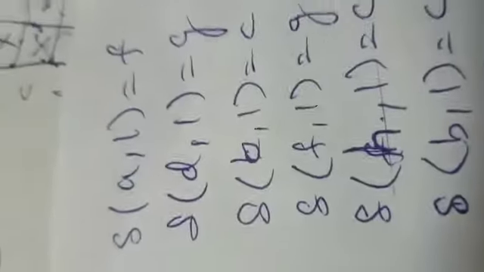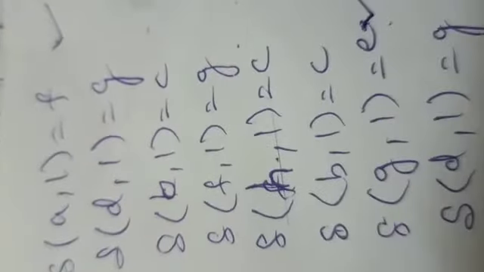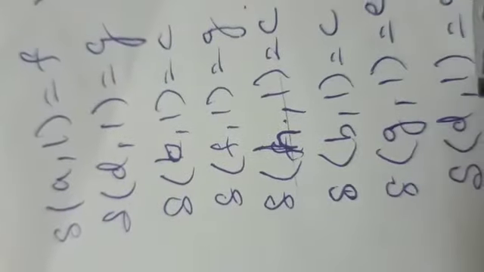See here, E, that is del of G comma 1, and the first one, del of A comma 1 is F, and that means E and F has an entry, then automatically A and G will have an entry, because EF already has an entry.